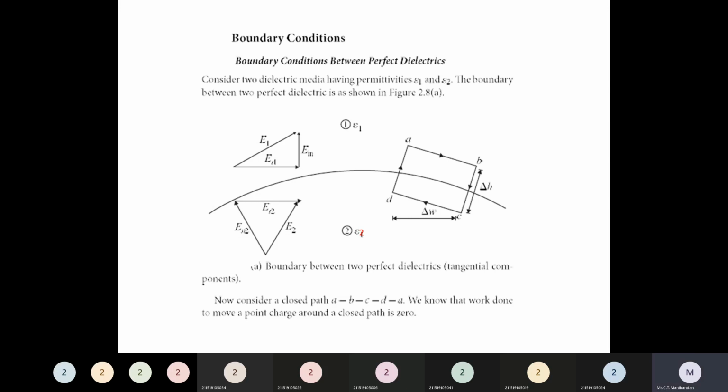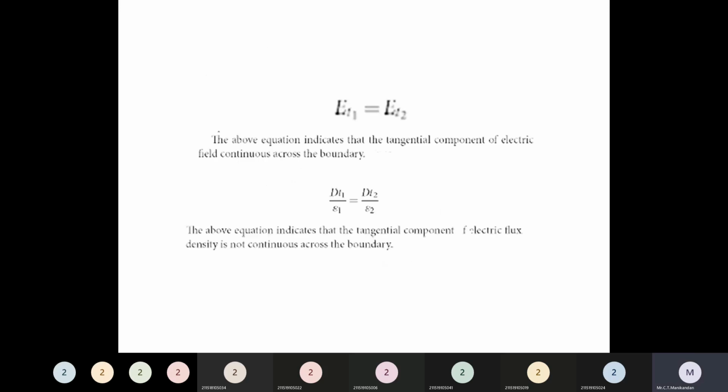Since the value is the same, we say it is continuous. So ET1 equals ET2. That is, the tangential component of electric field is continuous across the boundary.